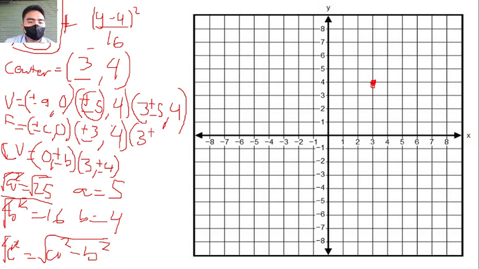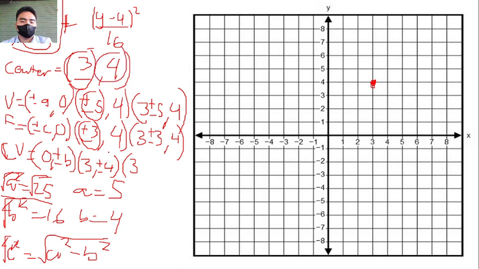You're going to add and subtract 3, then 4. Okay? Now, what is your co-vertices? It is 3, x-intercept. Then what is your y-intercept? 4. But you're going to add and subtract 4 as well. Okay?